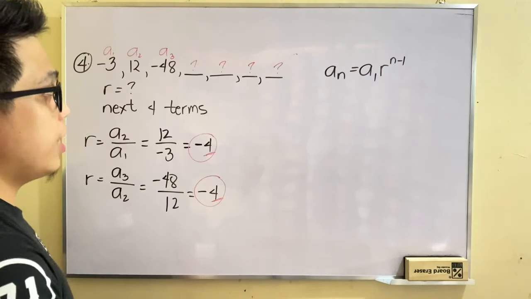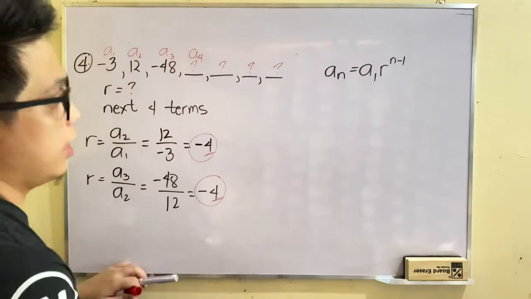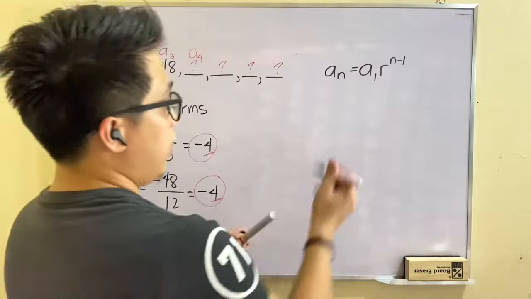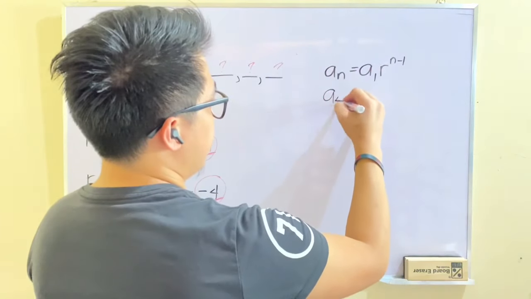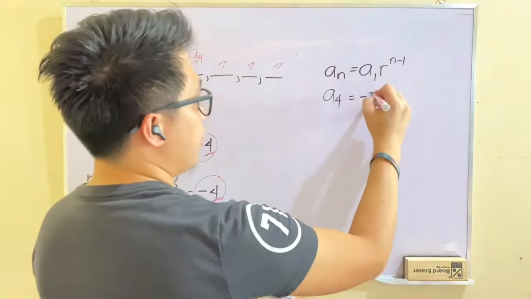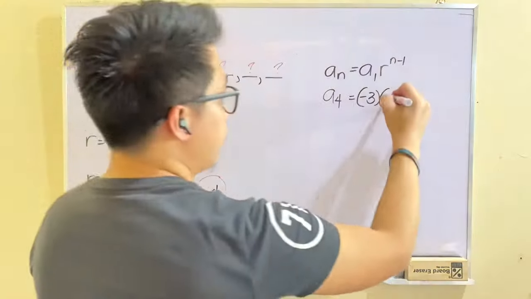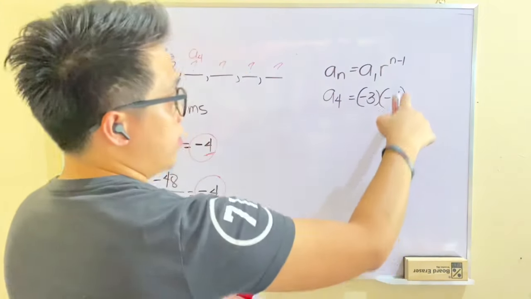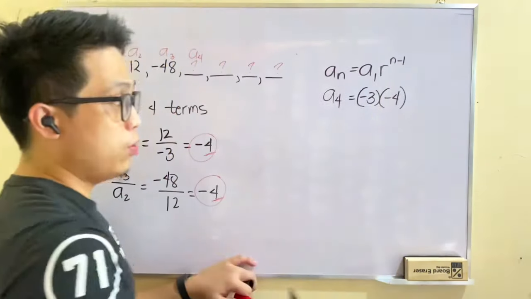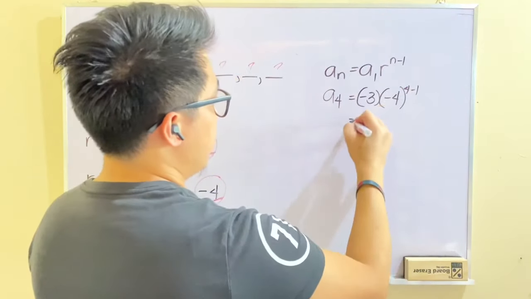Okay, una muna, hanapin natin si a sub 4. A sub 4 yung hinahanap. Therefore, a sub 1 is negative 3. Negative 3 times ratio, which is negative 4, raised to n. Anong term yung hinahanap? Pang-apat. So, 4 minus 1.